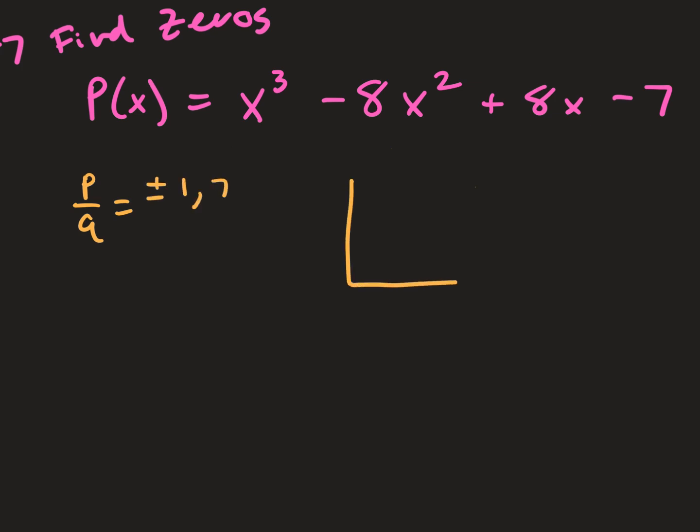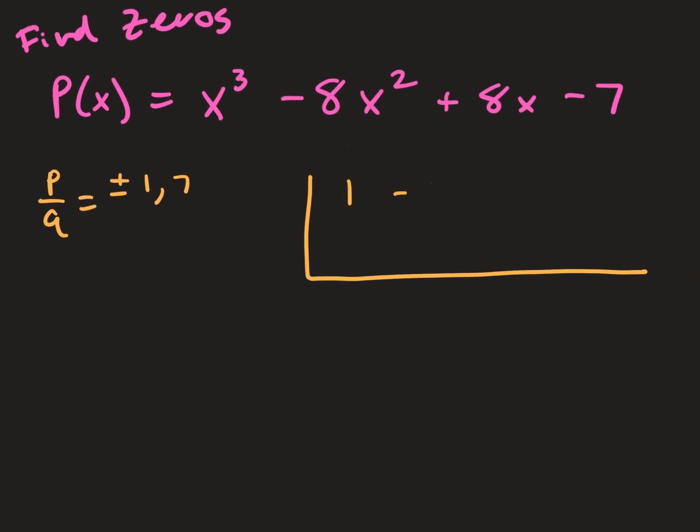So let's try it. We're going to do synthetic division. Inside the box, we have 1, negative 8, 8, and negative 7. What do you want to try first? Positive 1. Let's try 1. We're going to drop down the 1, multiply, get negative 7, 1, 1, doesn't work.